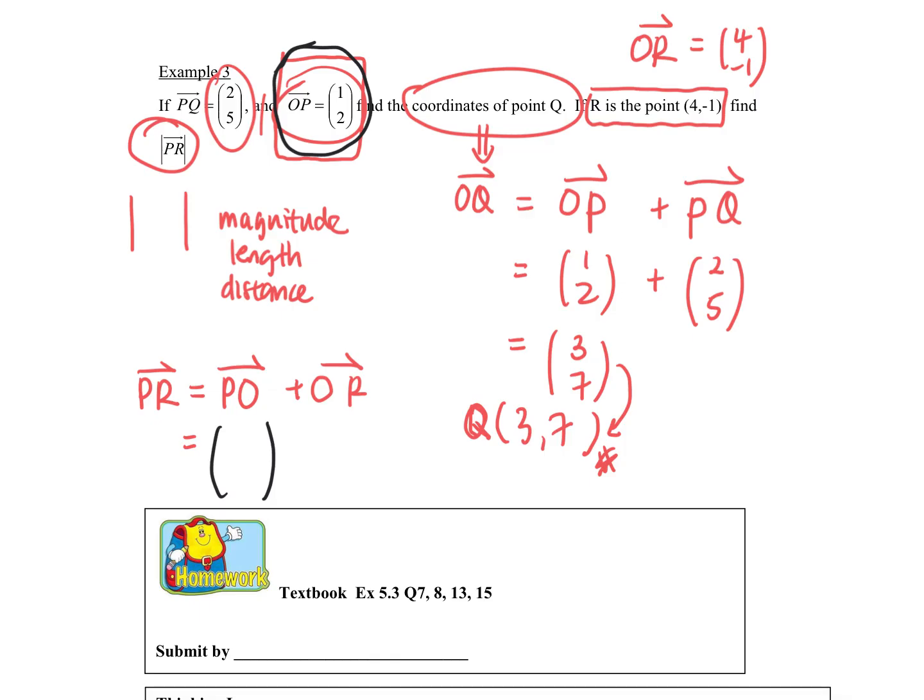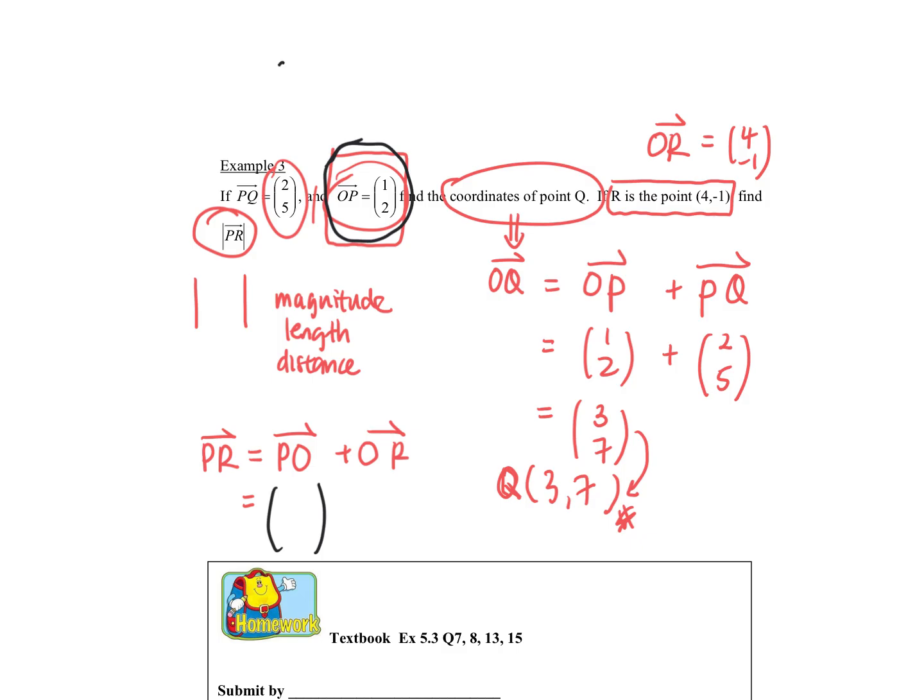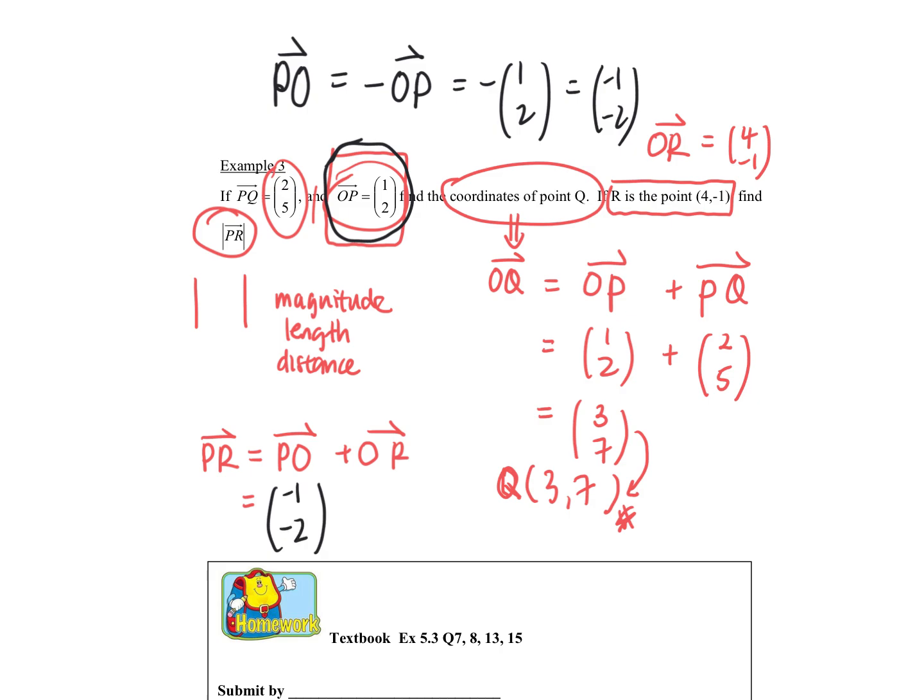So remember, this one I must write one more time. PO is negative of OP. So when I put in the negative, these two become -1 and -2. Don't swap the XY. When I say reverse, not swap, just change the sign to the opposite one.